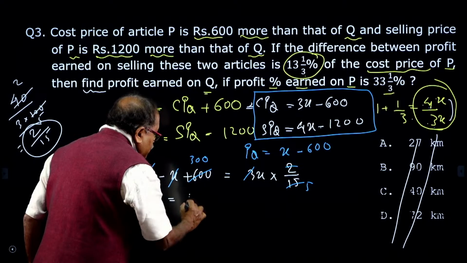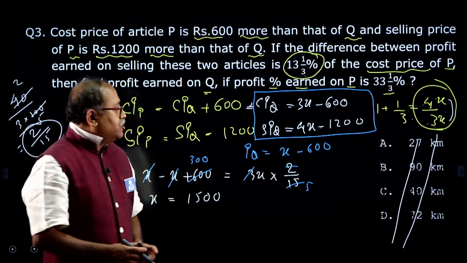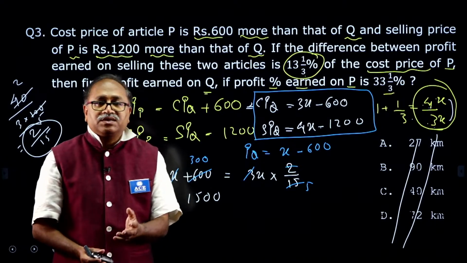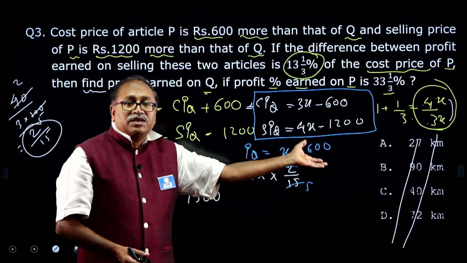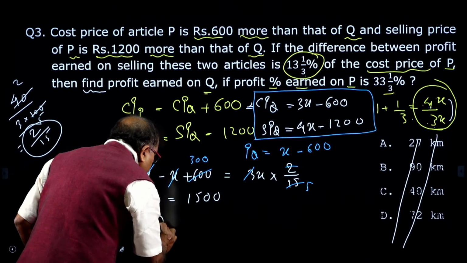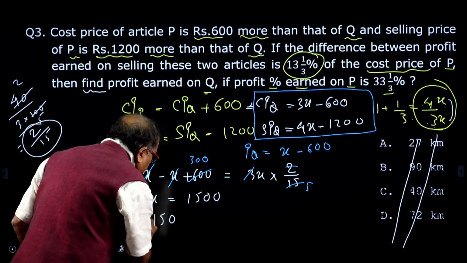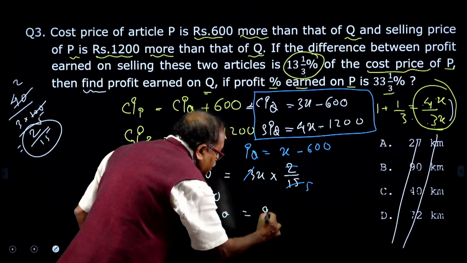I got x is equal to 1500. What else do you need? Your profit of Q is x minus 600, where x is equal to 1500. So, 1500 minus 600 comes to 900. I am writing it clearly: my required value is 1500 minus 600, and that is 900.